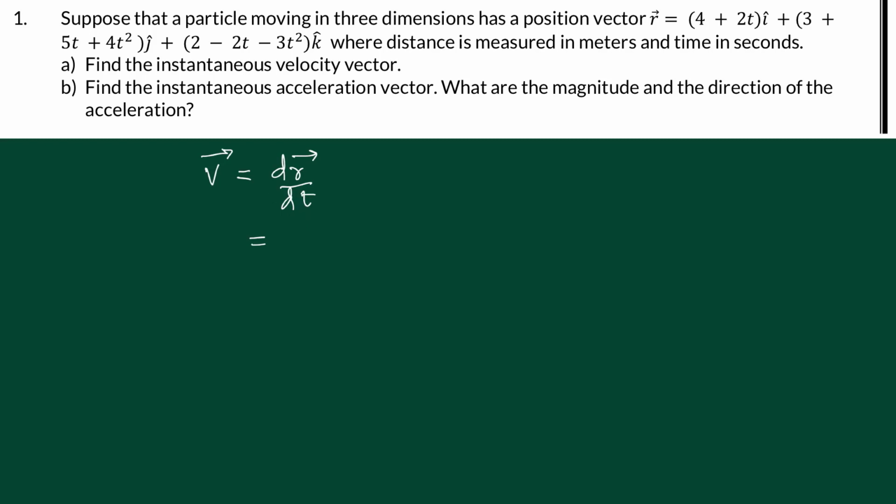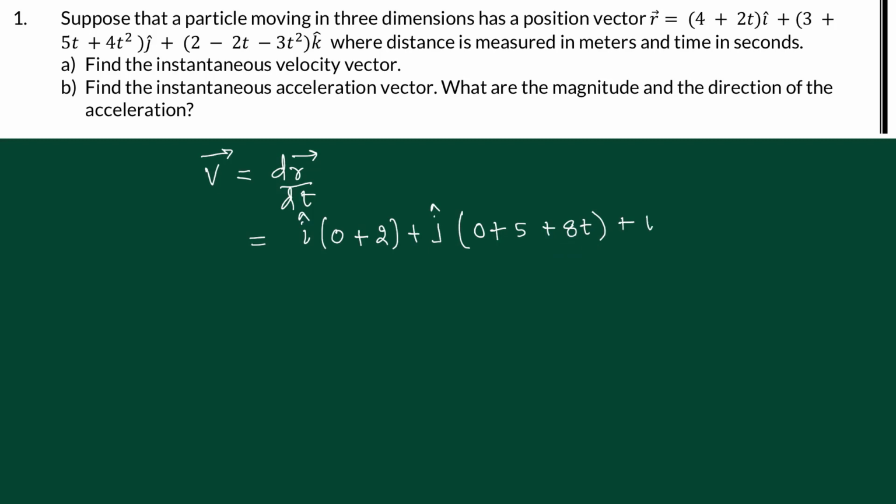So the first term we need to differentiate is 4 plus 2t. I cap is constant, so let me write I cap first, and then the derivative of 4 will be 0 and the derivative of 2t is 2, as 2 is constant and the derivative of t with respect to t is 1, so you're left with 2. Second term, again j cap is constant, the derivative of 3 is 0, 5t derivative is 5, plus 4t square derivative is 8t.